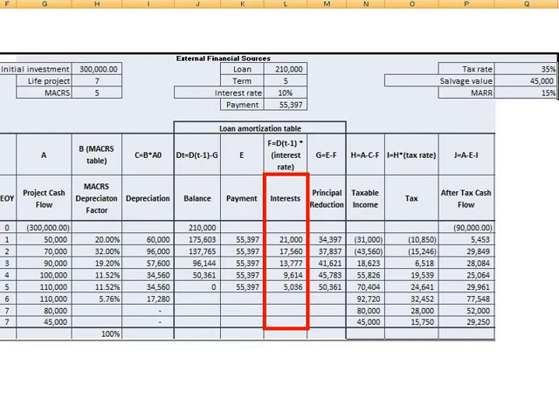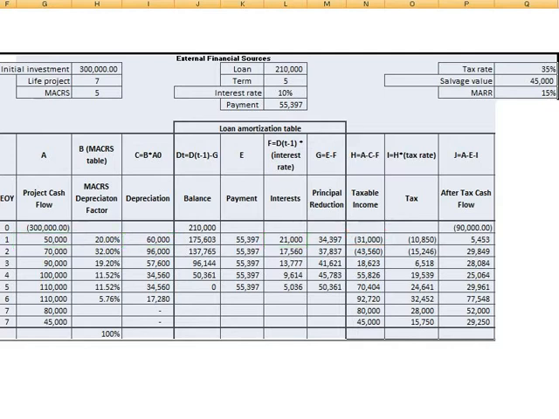So say for instance for year 1, $50,000 is reduced by 60,000 in depreciation and 21,000 in interest, and that makes the taxable income negative $31,000.